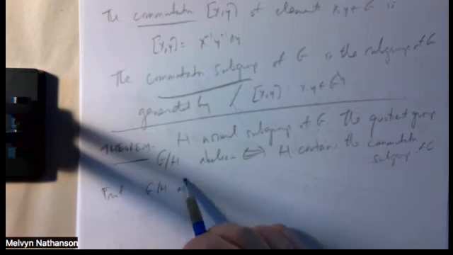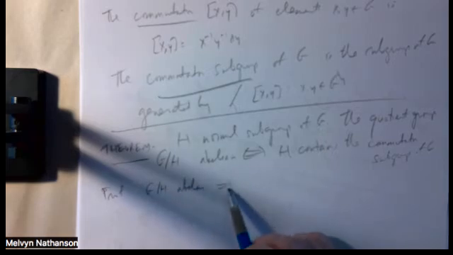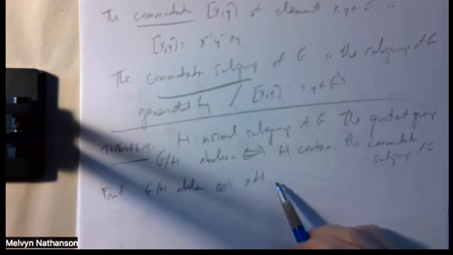So let's look at the proof. G mod H is abelian means XH times YH equals YH times XH for all X and Y in the group.